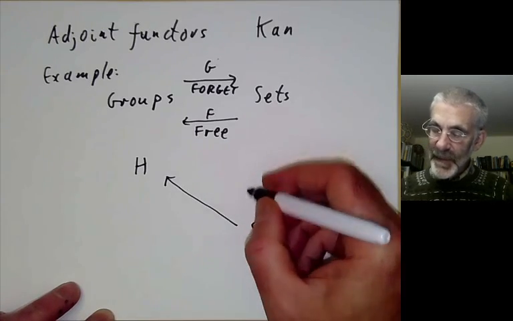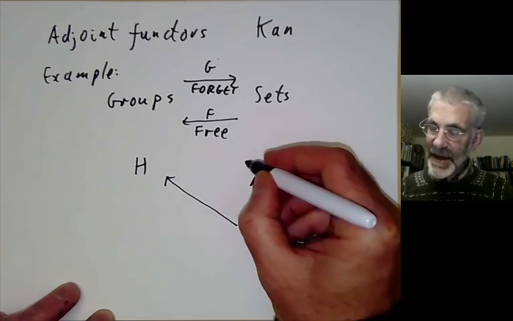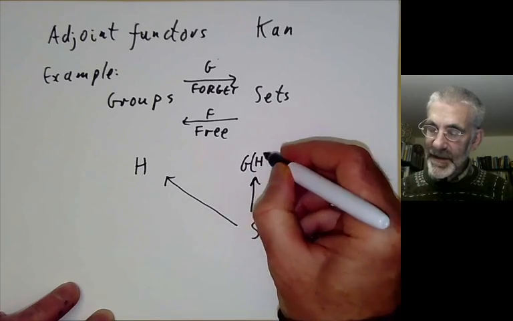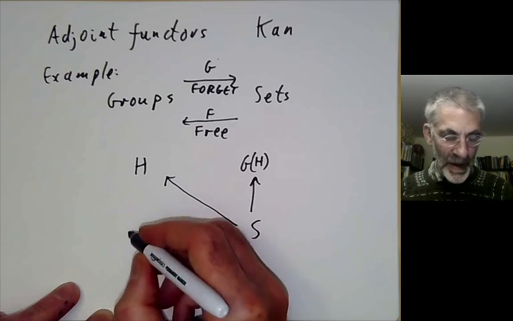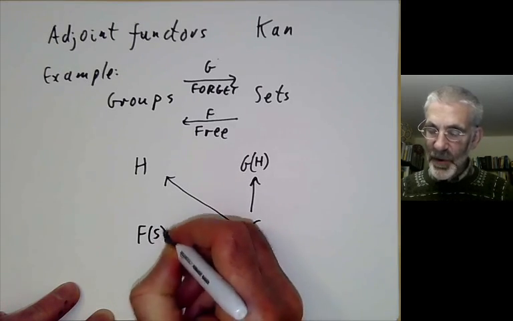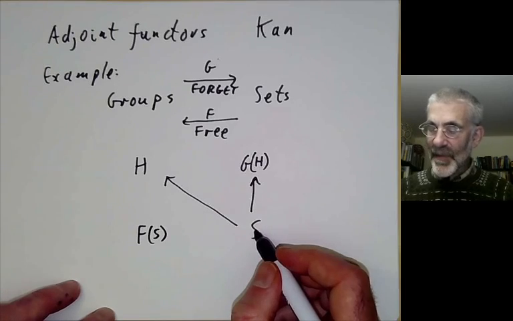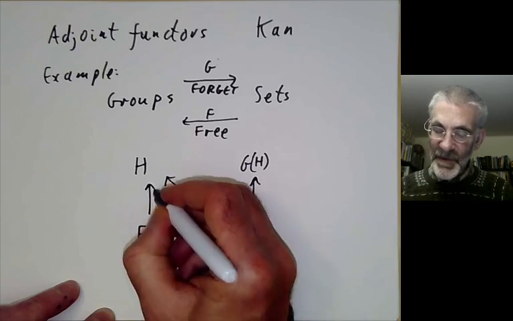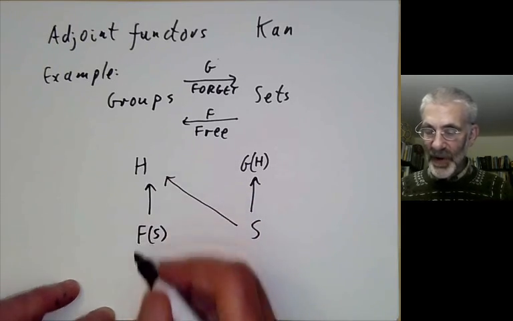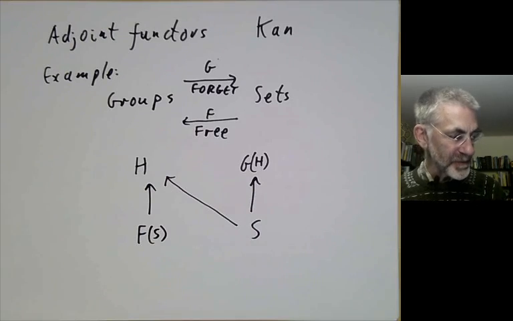First of all, it's the same as a map from the set S to the underlying set of H. So we just apply the forgetful functor to H. On the other hand, if we take the free group on S, then any map from S to a group extends to a homomorphism of groups from the free group on S to H.